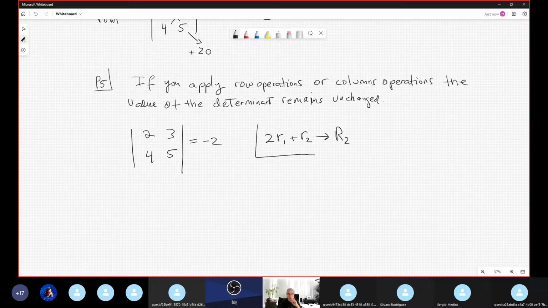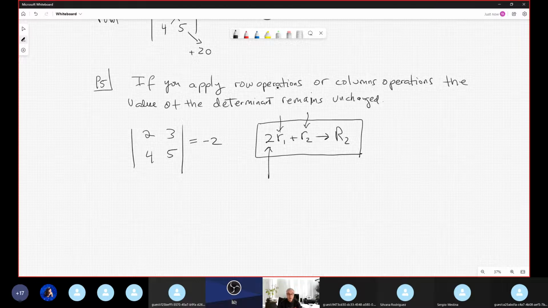Remember, the row operation consists of one factor, you multiply every element and you add the corresponding position in row 2, and you get the new row 2.